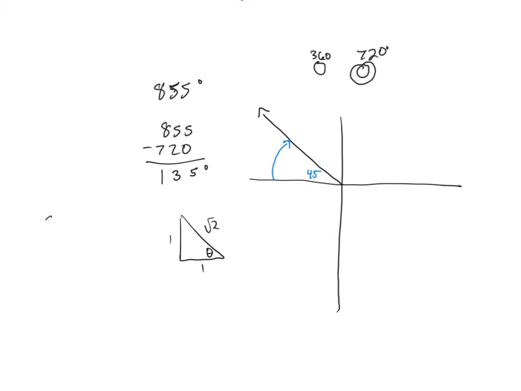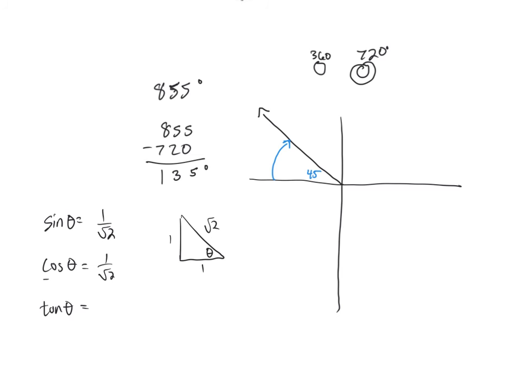So here my sine of theta is 1 over root 2. My cosine of theta is 1 over root 2. And my tangent of theta, but you've got to be careful here. I have to be careful because the cosine is my x.